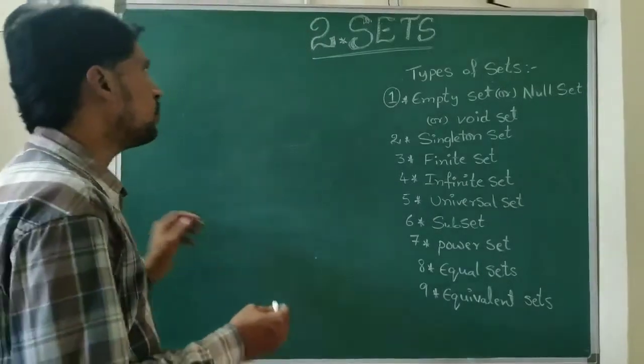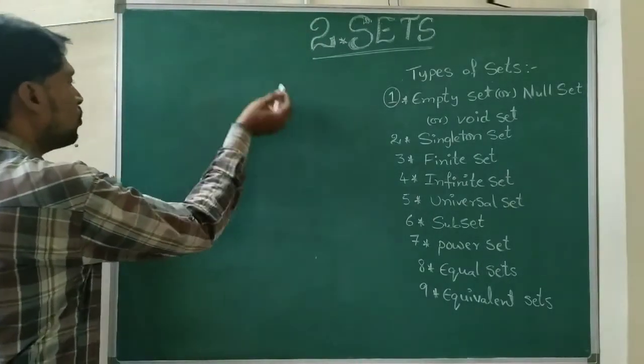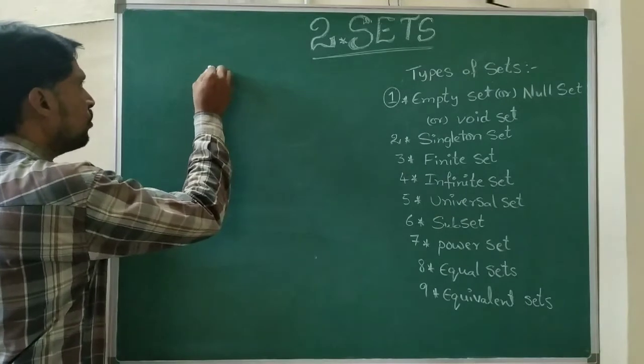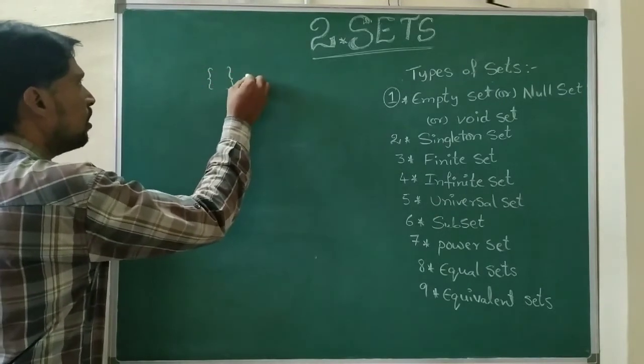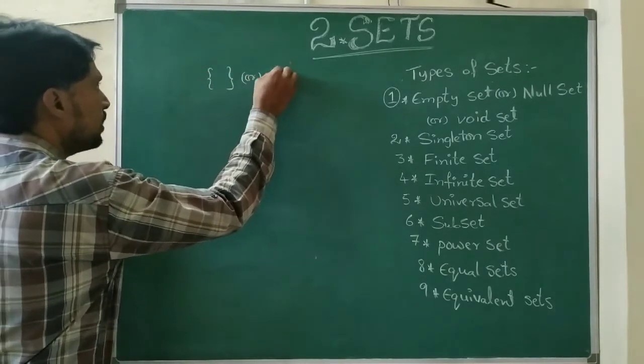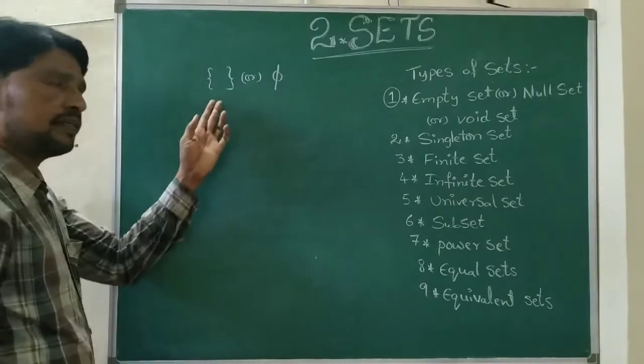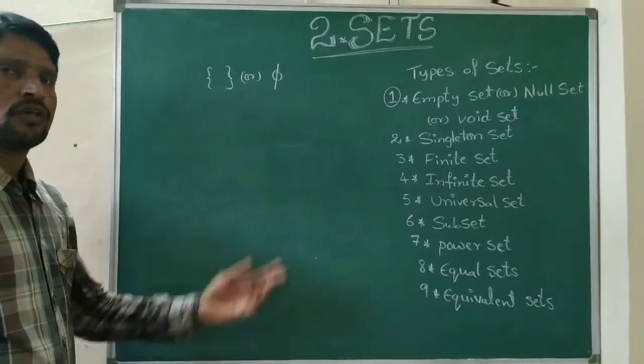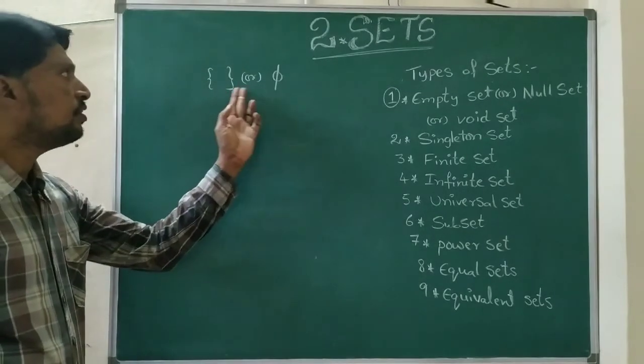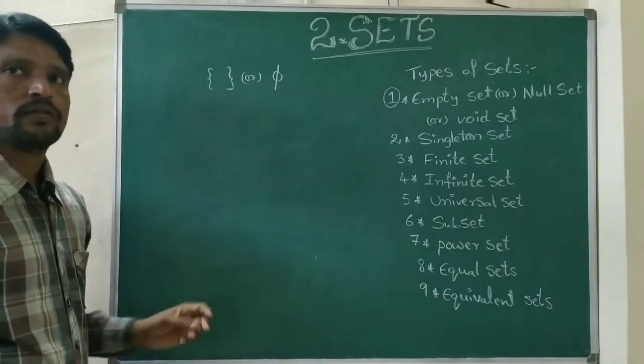This empty set is denoted by braces or phi. The only braces or curly brackets we can use. So the empty set is denoted by these two symbols.